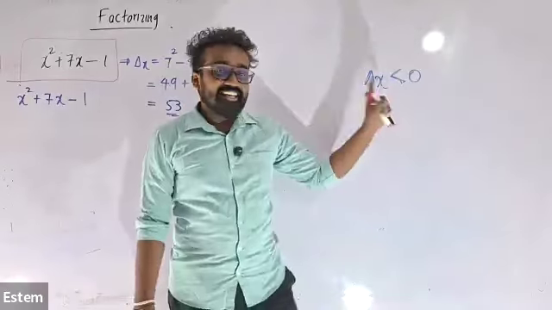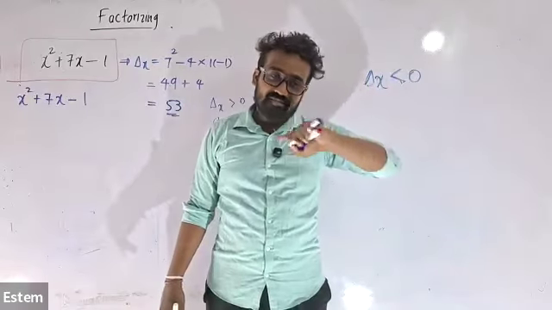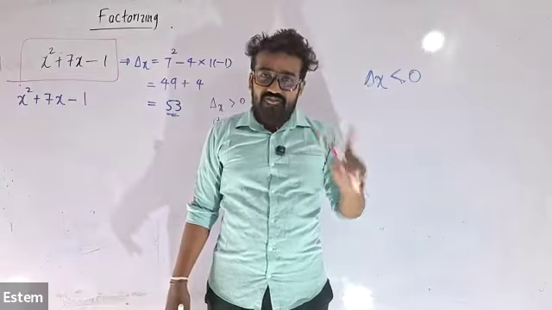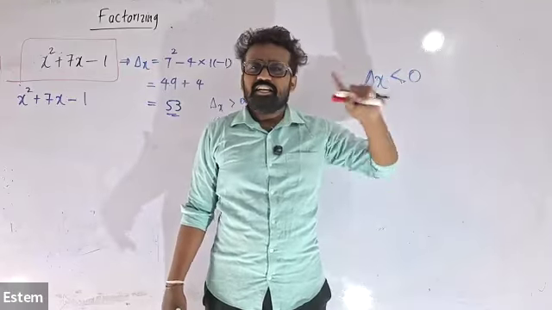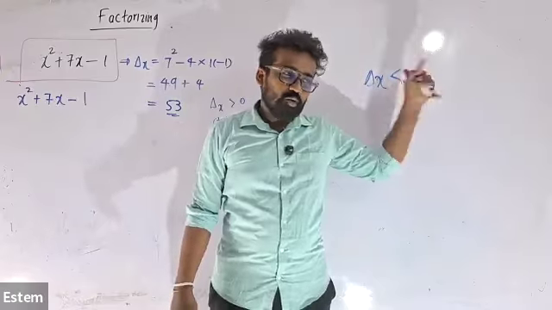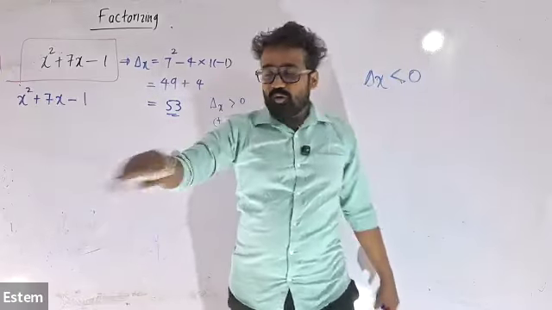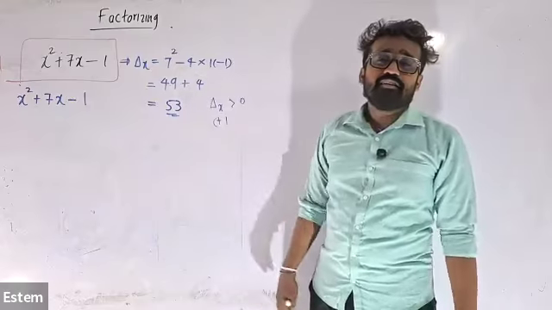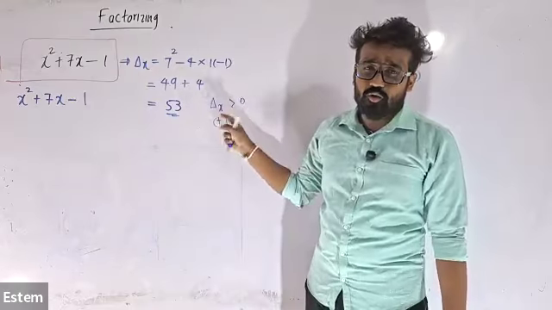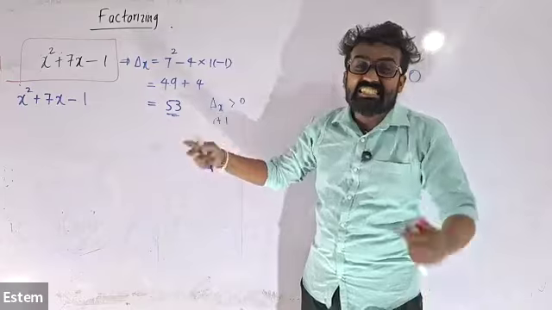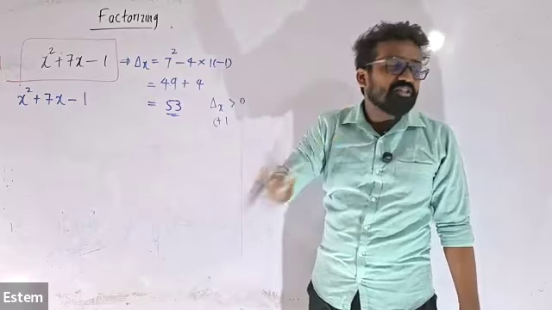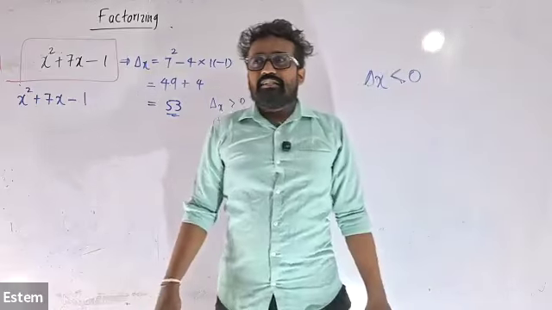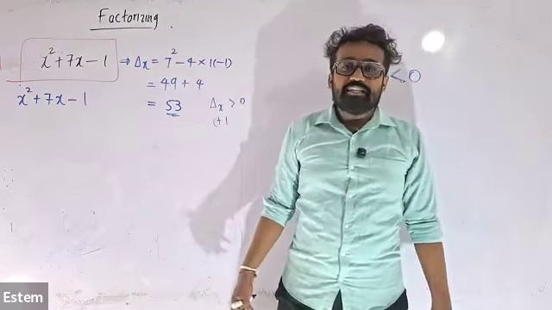If delta is 0, you can factorize. If delta is greater than 0, you can factorize. If delta is negative, you can't factorize. Now I am going to teach you how we factorize when delta is greater than 0, positive, but not a squared number. The method is somewhat different, but it is the completing squares method.